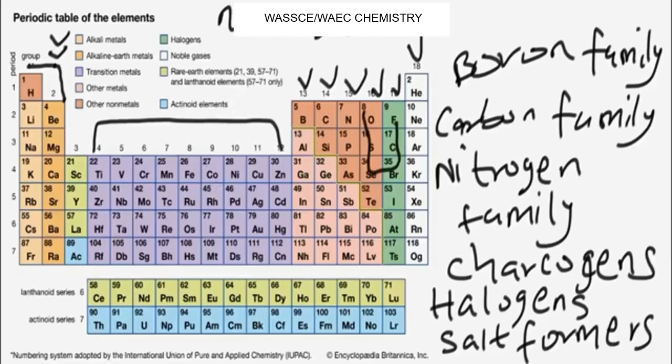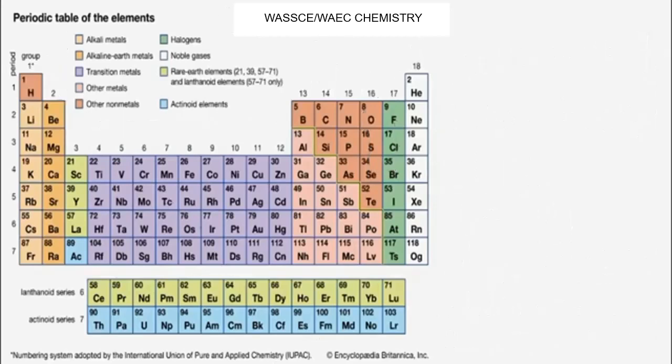Having known this, the next basic information you have to know is about the reactivity of these elements in the periodic table. Let me wipe some parts of this. Note the reactivity of these elements. For metals, the trend is that their reactivity increases down the group.